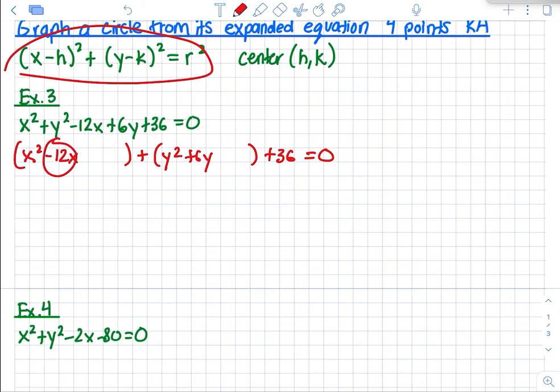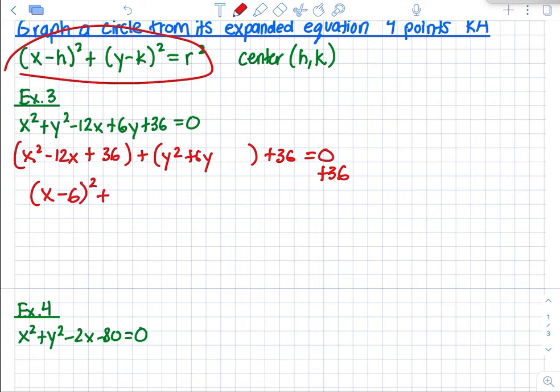Half of -12 is -6. -6 raised to the second power, which is -6 times -6, is 36. So we added 36 to this side, which means we need to add 36 to the other side. Now, what is half of -12? Half of -12 is -6, so -6 raised to the second.